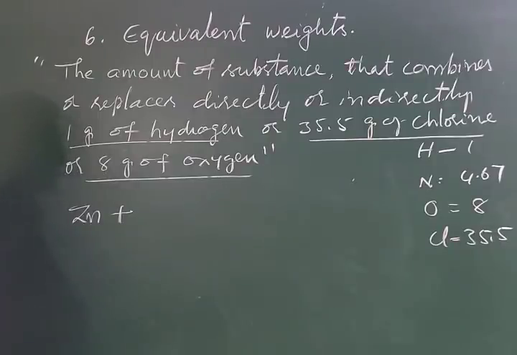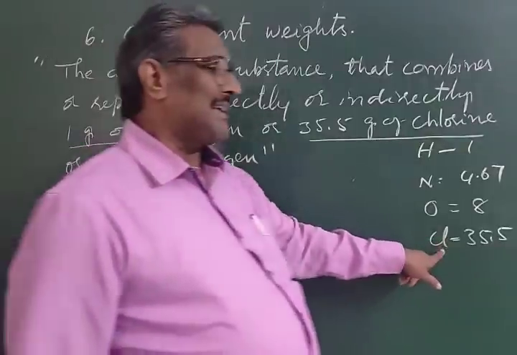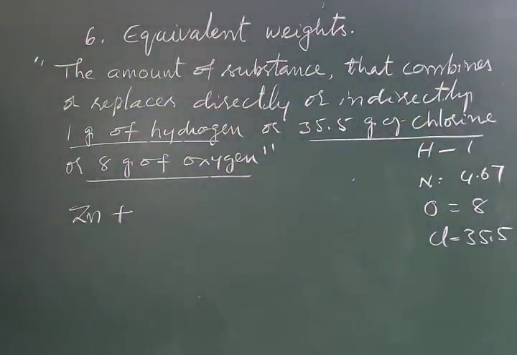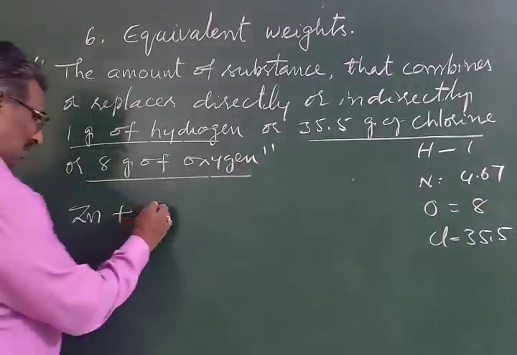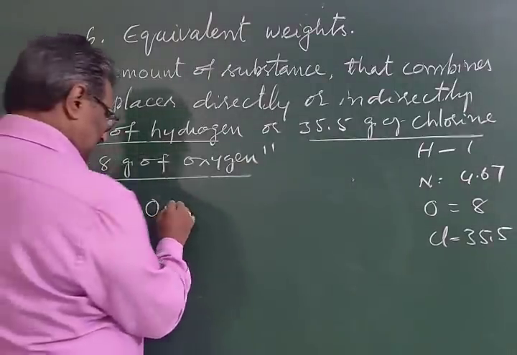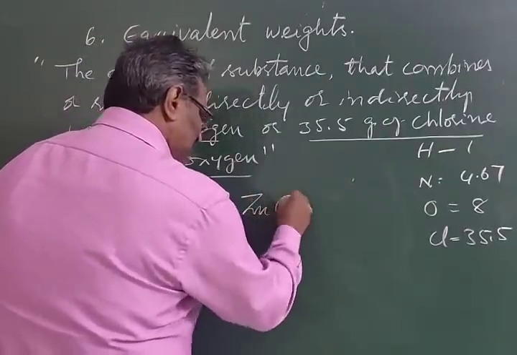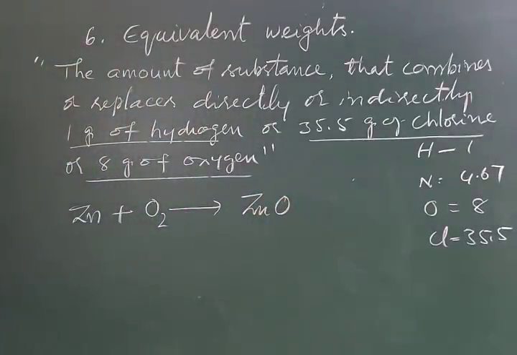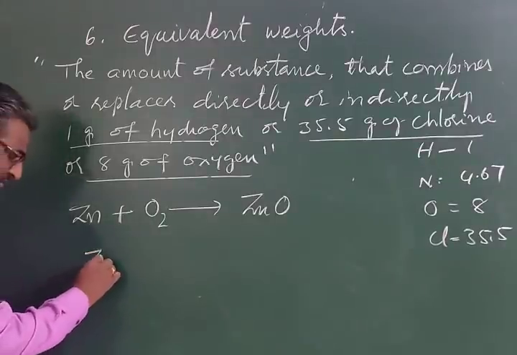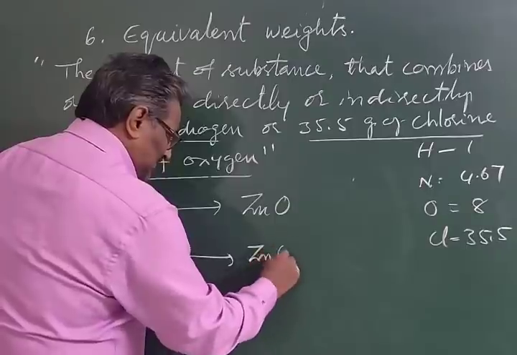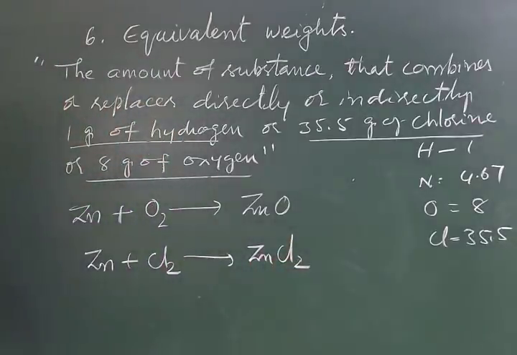Zinc reacts with chlorine, or zinc reacts with oxygen. Zinc reacts with oxygen to form ZnO, or zinc reacts with chlorine to form ZnCl2. How much zinc reacts with oxygen to form ZnO?